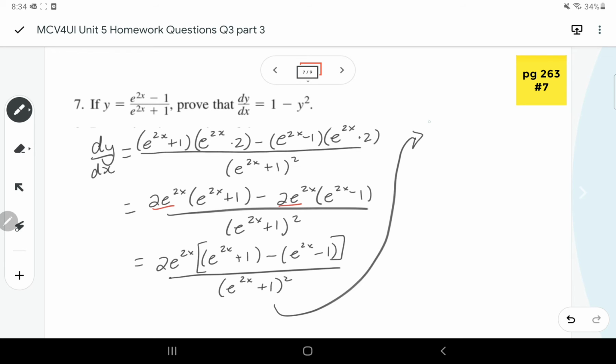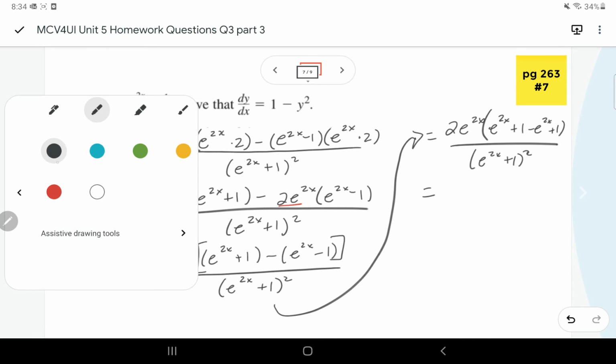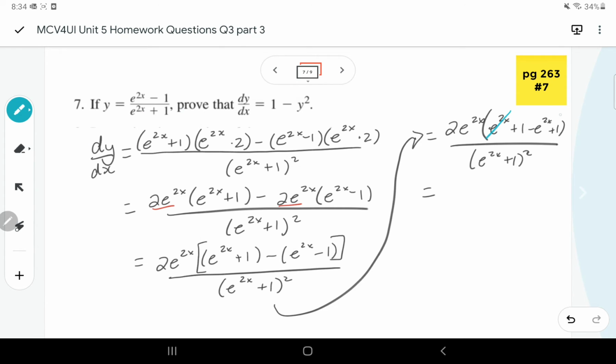So here inside, 2e to the 2x, now I'll have e to the 2x plus 1 minus e to the 2x plus 1, and when that simplifies, these guys will reduce, and this whole bracket will just be 2 because of the 1 plus 1.